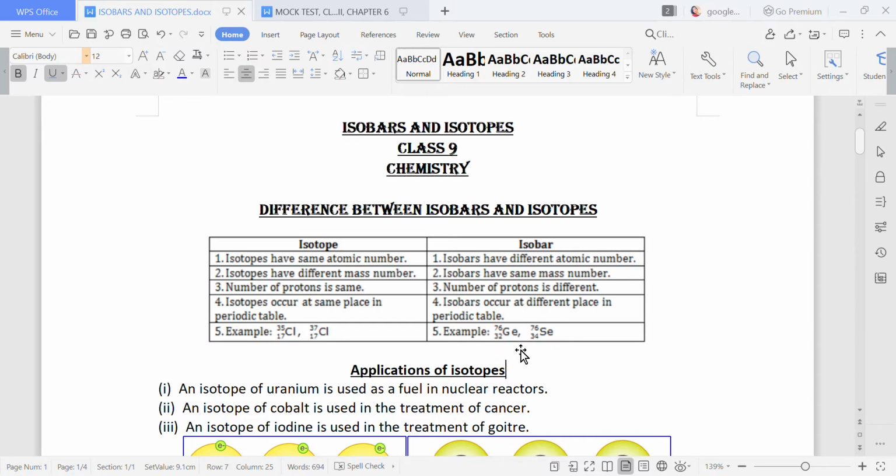Their atomic number is also different. You see it is 32 here, it is 34 here, but their mass numbers are the same. Both of them have the same mass number, that is 76. But because these two are different elements, they cannot be placed together in the periodic table. Hence they have been given different places in the periodic table.